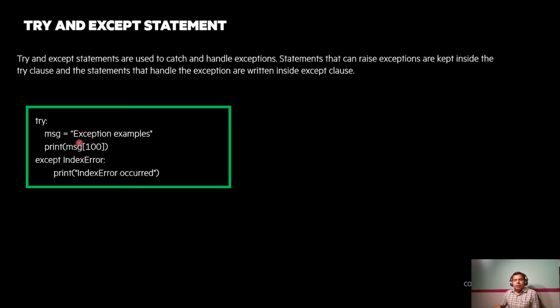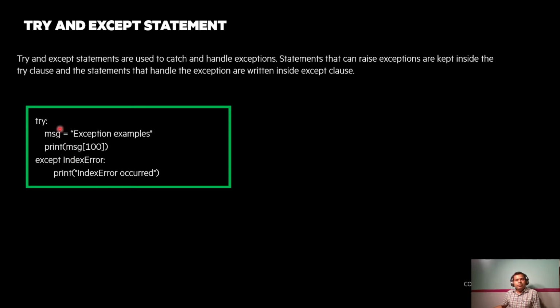Any code which could be prone to throw an exception, we can keep inside the try block. And just following the try block, we can have the except block where we can accept the exception and handle it. So if something went wrong here while executing the print command, and we have placed a mechanism to handle that, our program will not fail here.